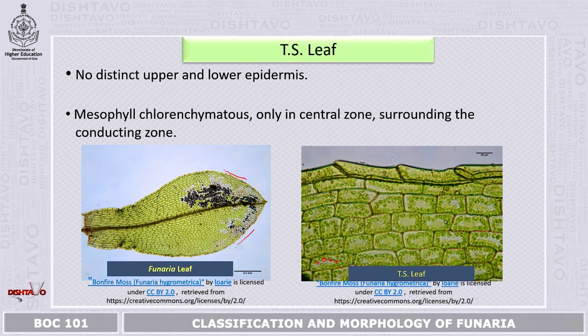So here the mesophyll is chlorenchymatous and present only in the central zone surrounding the conducting zone. This is about the leaf.